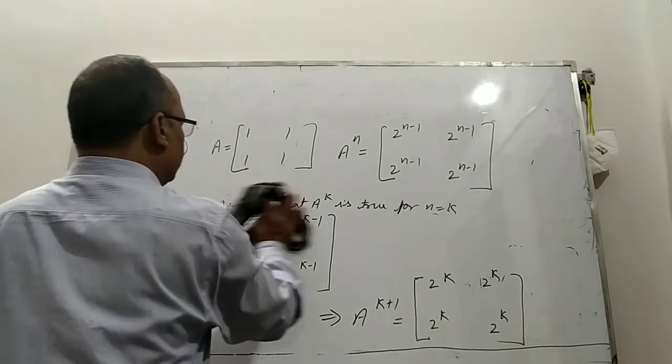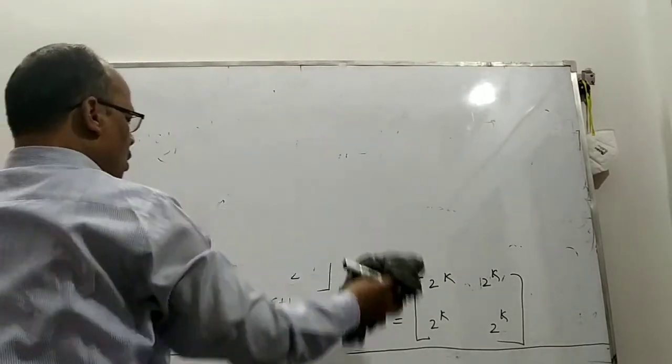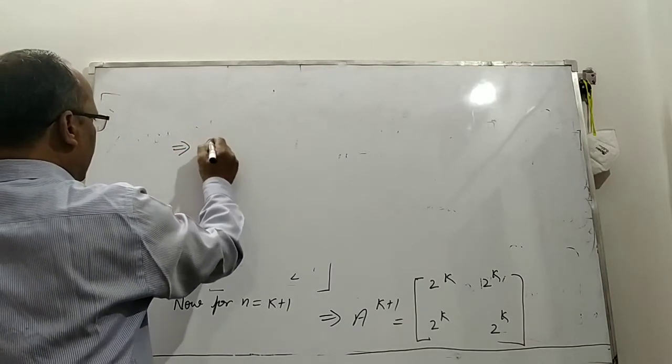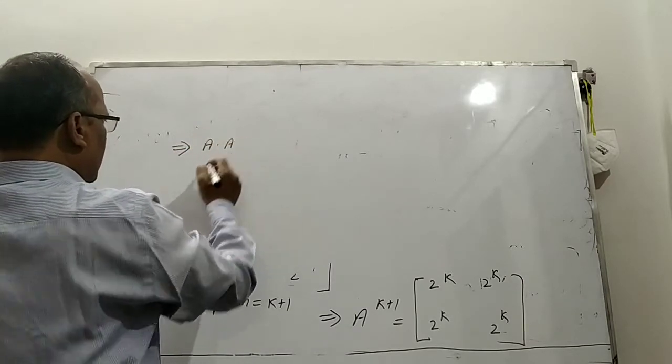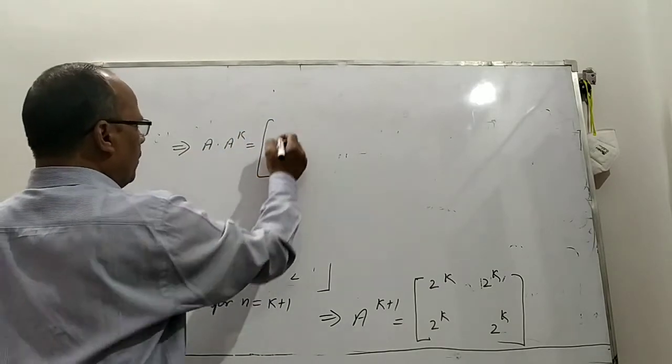So you will see here, what will be the value of this? We can write a raised to power k plus 1 equal to a into a raised to power k. What will be the value of this?